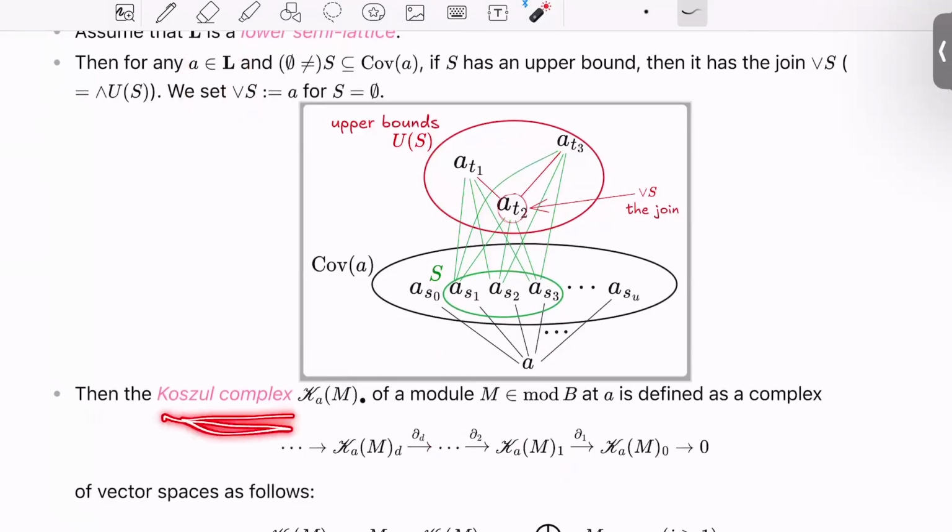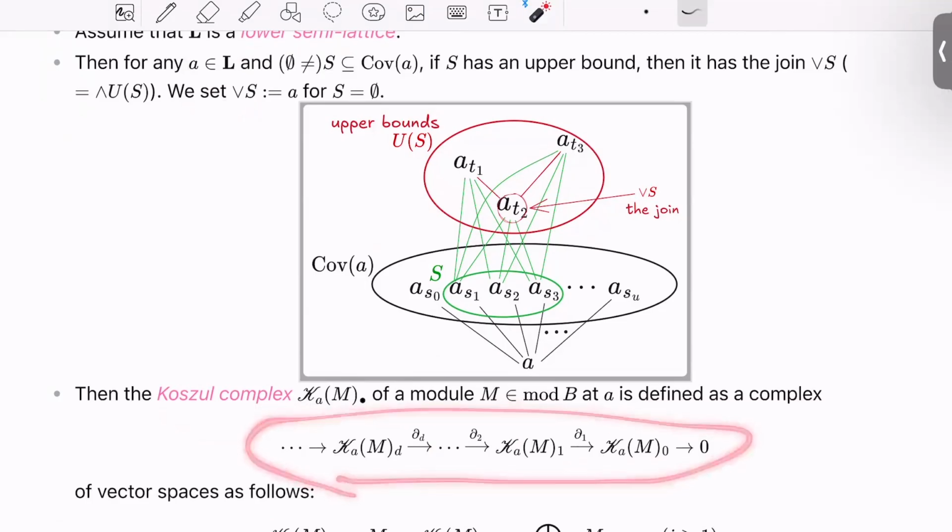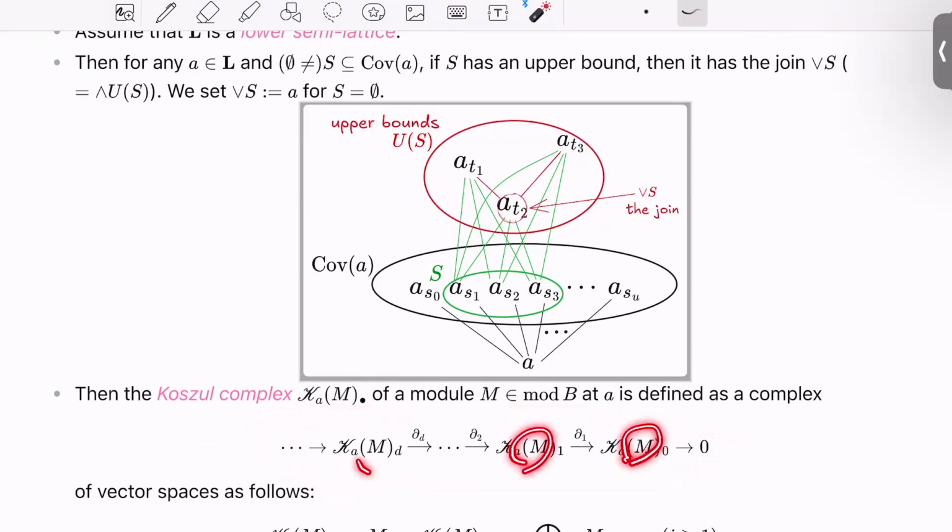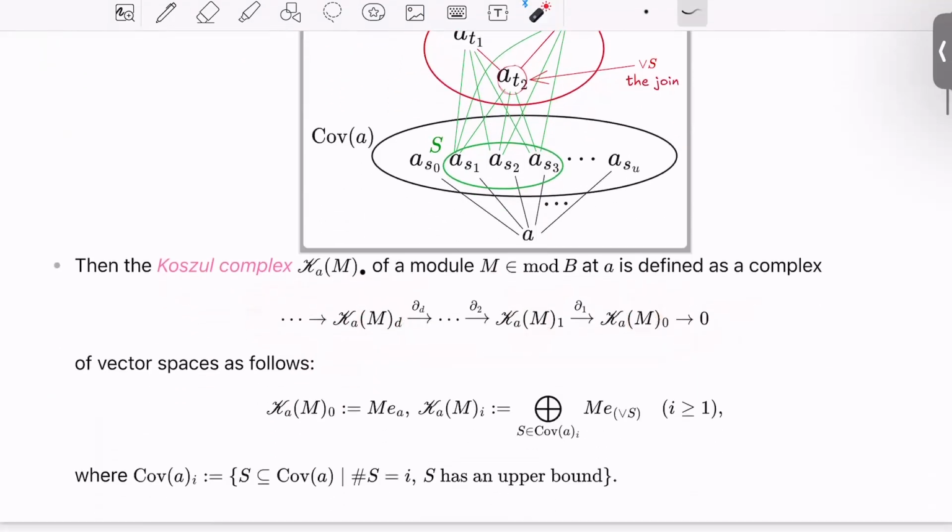Then the Cauchy complex K_A(M) over a module M, a B-module M at A, is defined as a complex of this form, K0, K1, up to K something, where each term is a vector space.